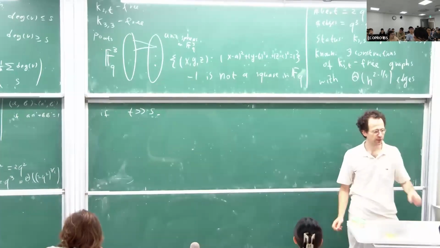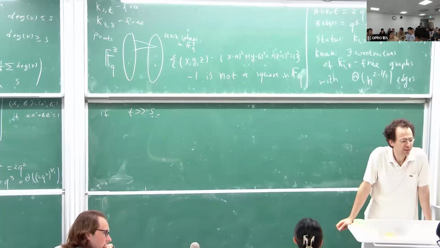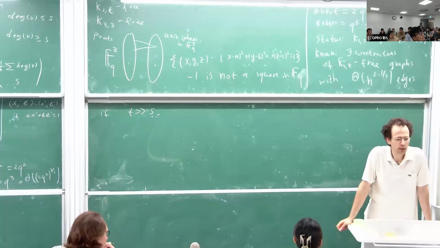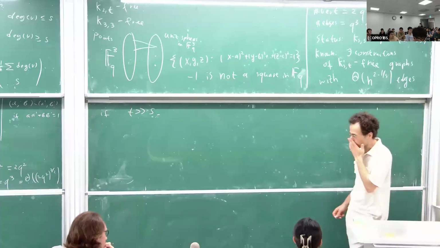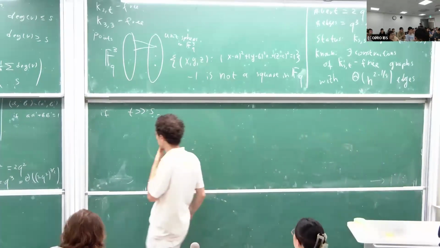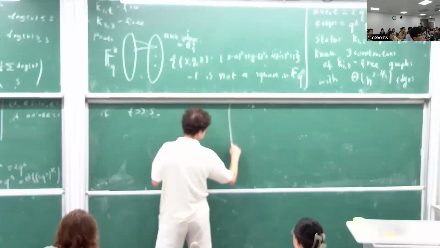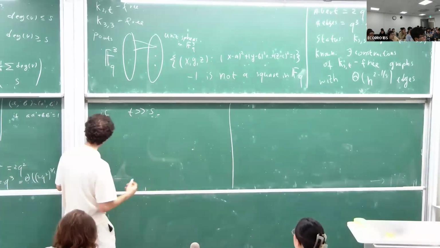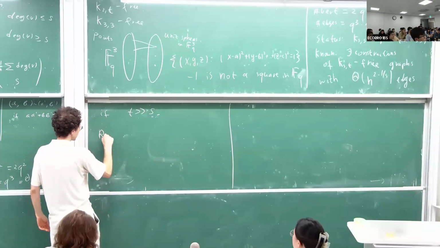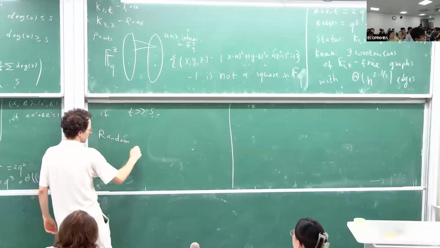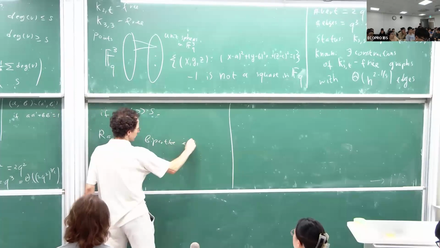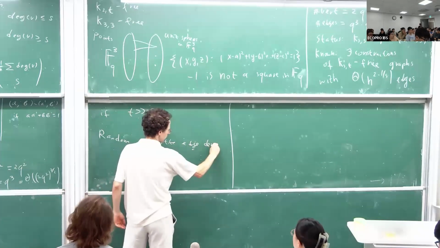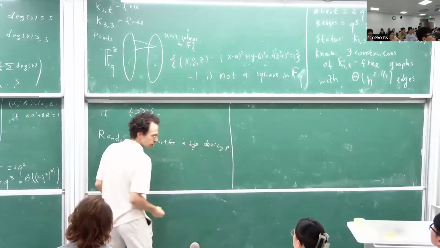Yes. I guess like K_{2,2}, I think a random bipartite graph with some P would work as well. A random bipartite graph is not going to work. No. So if you take a random construction, let me just quickly say it. So I take a random bipartite graph with edge density P. What are you going to get?